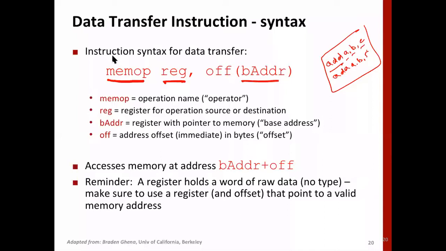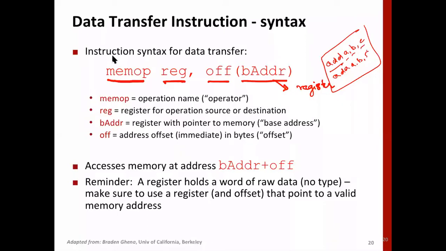Then we have a base address and then the offset. The base address is in a register that our compiler can use, the base register.